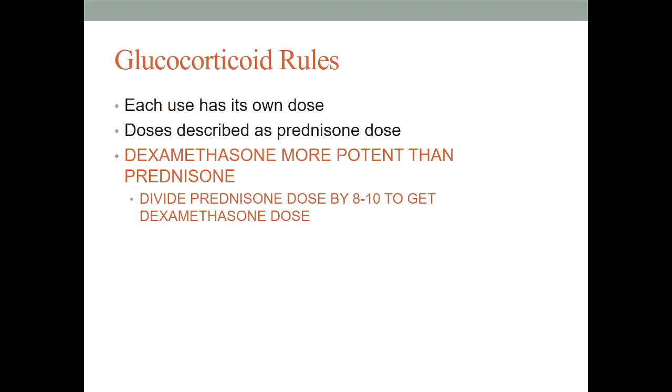And it's a lot cheaper to use Dex SP than Solu-Delta-Cortef, so we're going to have to switch back and forth between prednisone and dexamethasone. So remember that dexamethasone, and I'm writing it right here, is more potent than prednisone. You need to divide your prednisone dose by 8 to 10 to get the dexamethasone dose.